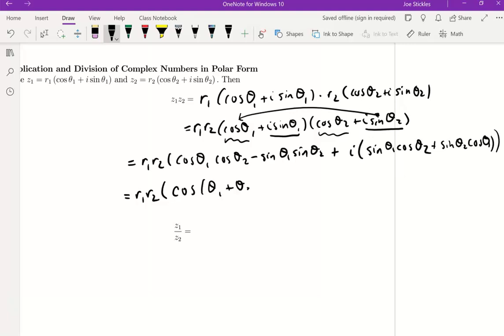That's our sum formula for cosine, isn't it? Remember, when you do the sum formula for cosine, it's cosine, cosine minus sine, sine. Isn't that exactly what we have there? Okay. How about the second piece then? What's this one? It's the sum formula for sine.